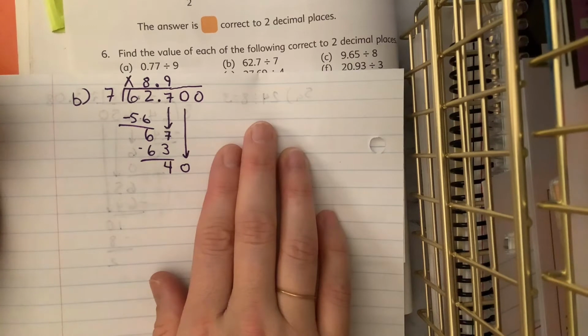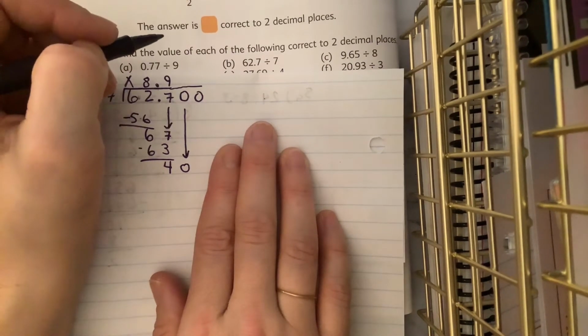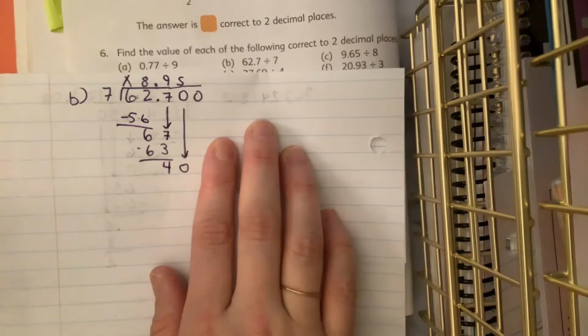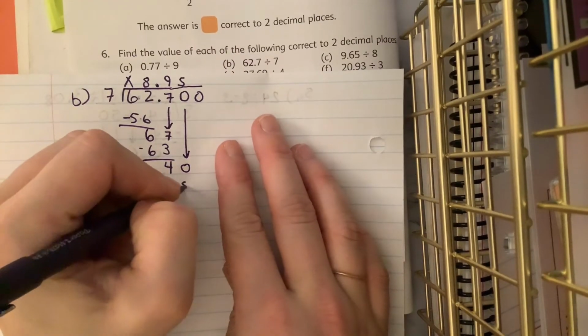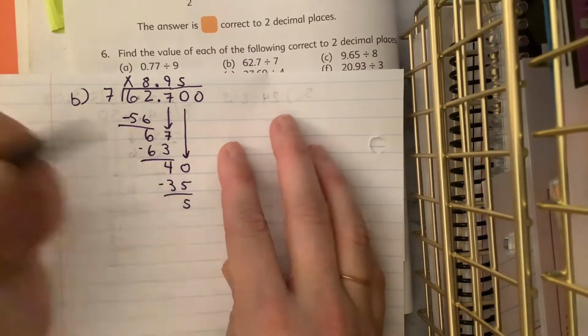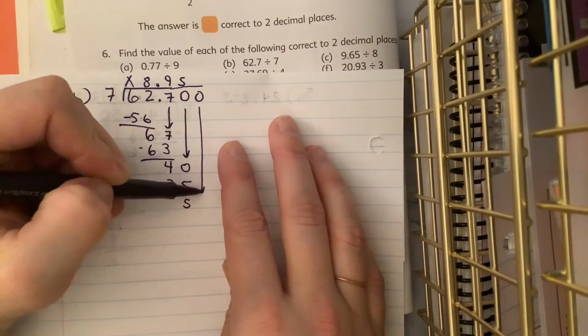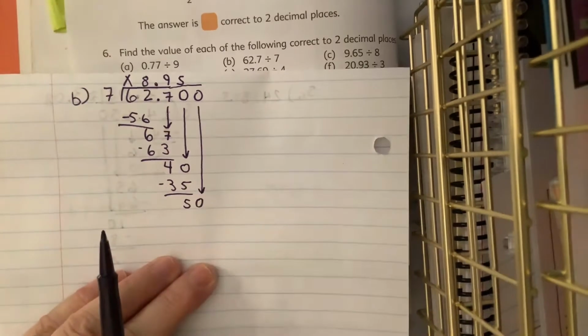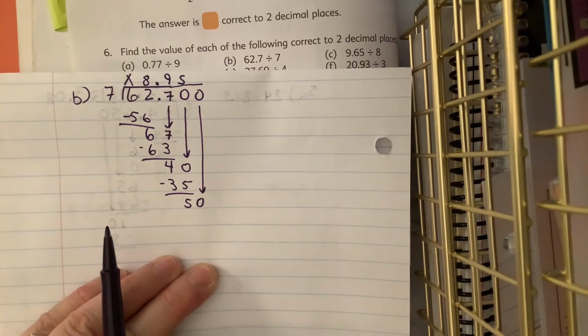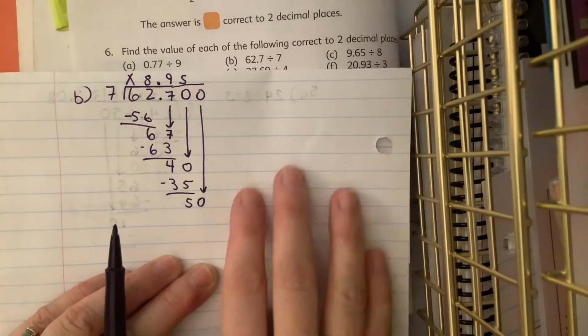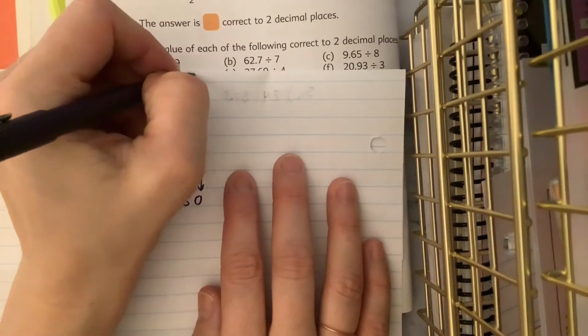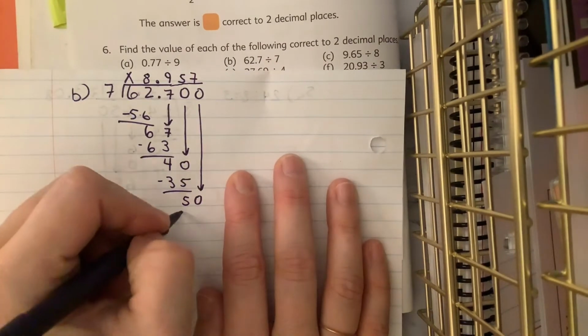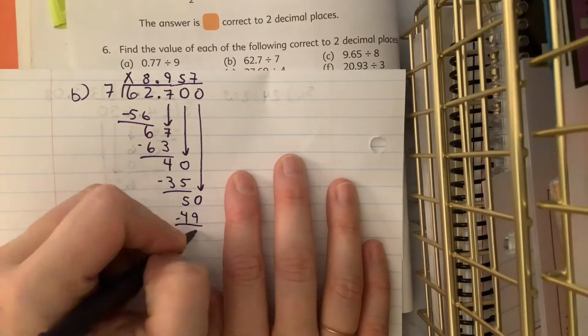7 goes into 40 how many times? 5 times. 5 times 7 is 35 with a remainder of 5. And we bring down our 0. 7 goes into 50 how many times? 7 times with a remainder of 1.